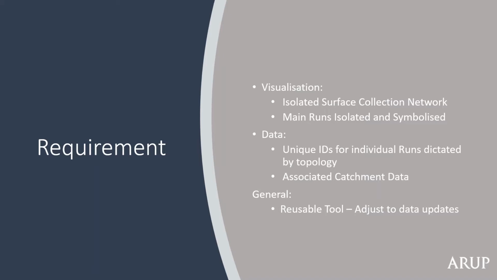And this was to be dictated based on the topology, so its position within the network itself, so that it could be updated based on changes in the network and future developments, which meant that every single time this workbench was run again, it would update to adjust to that new change in the topology. There was also associated catchment data for this area that was taken from remote sensing data, I believe using Spectral Data.